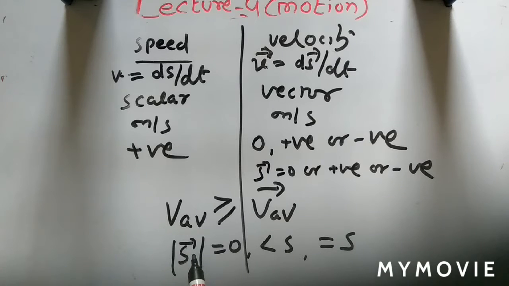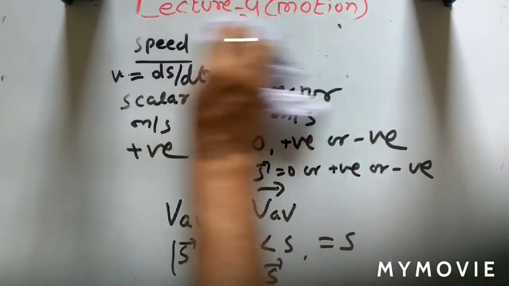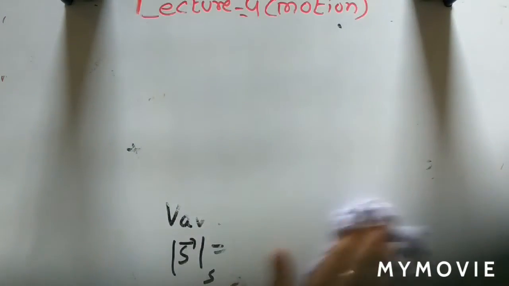That means the displacement magnitude is always less than or equal to distance, or the magnitude of distance is always greater than or equal to the magnitude of displacement. So if distance is greater than or equal to displacement, the speed value is greater than or equal to the velocity. So this is the discussion about speed and velocity.